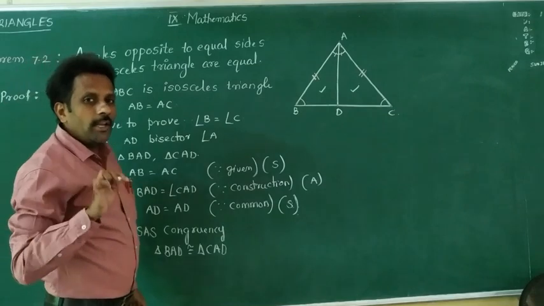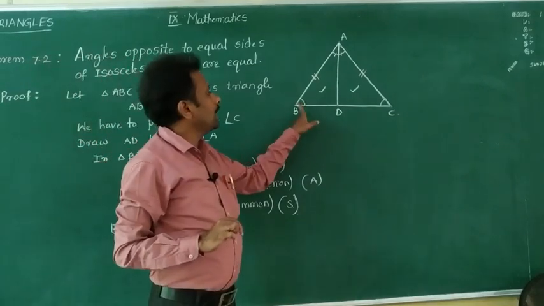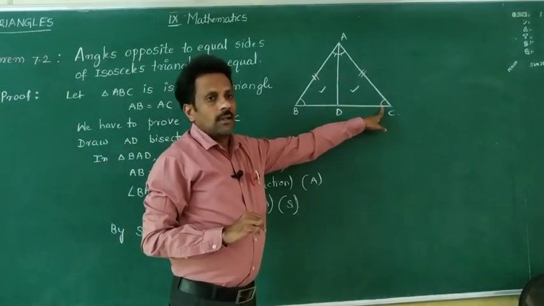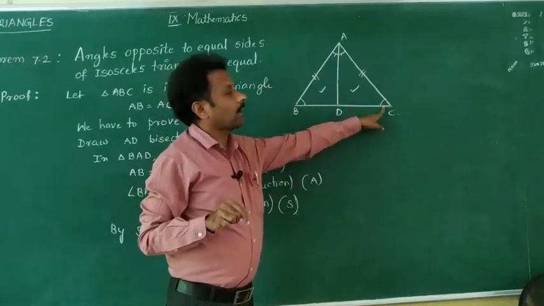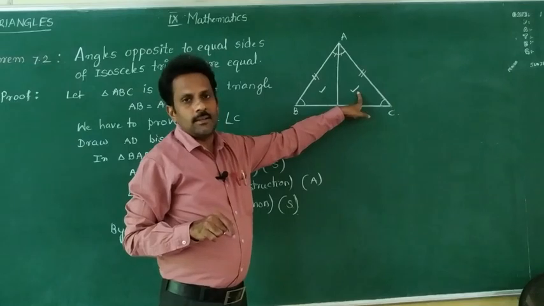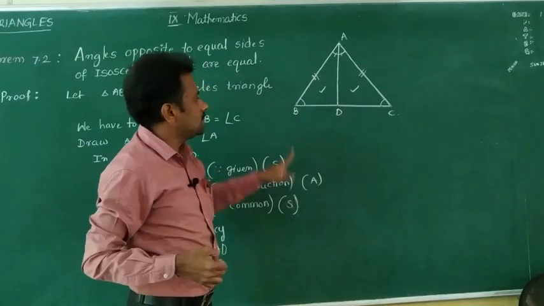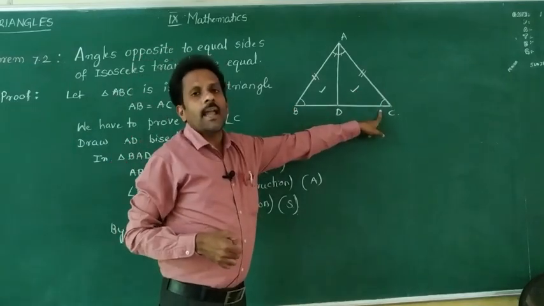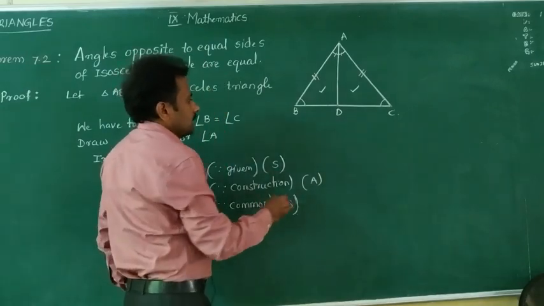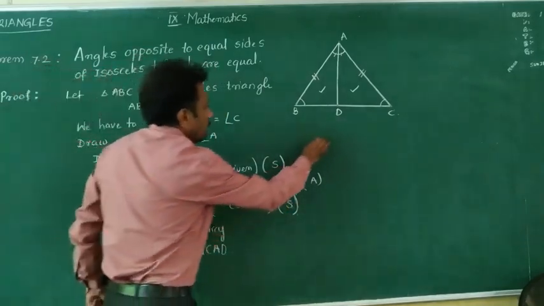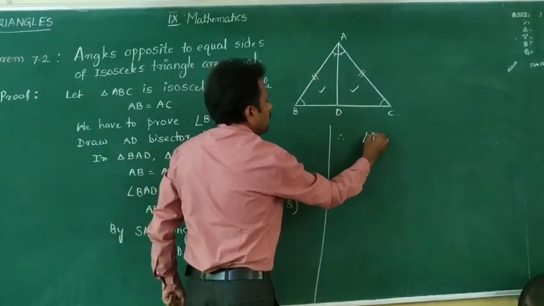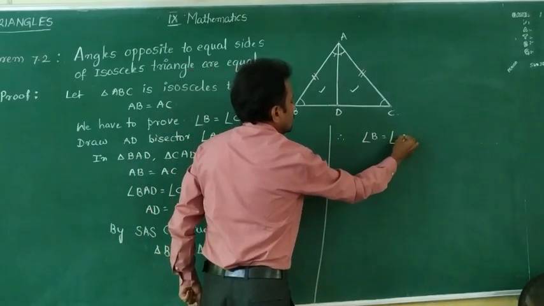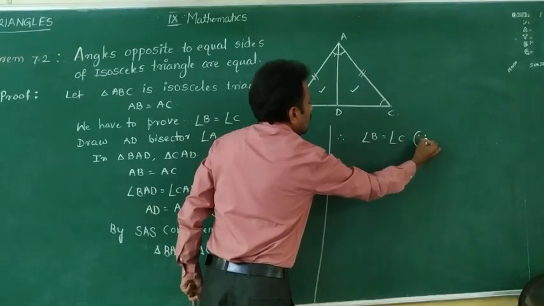Okay, but what are we going to prove? We are going to prove that angle B equals angle C. Now what are angle B and angle C? They are the corresponding parts of congruent triangles. So obviously by CPCT we can show that angle B equals angle C. Therefore angle B equals angle C. What is the reason?